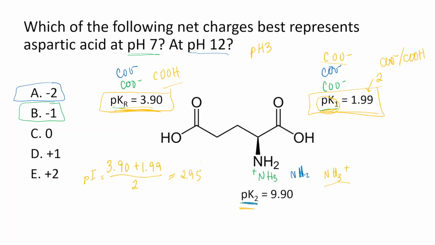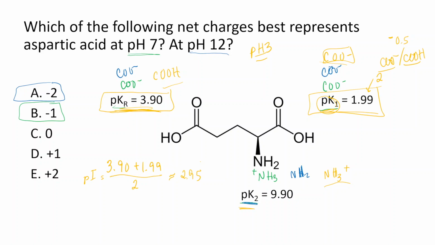So at pH 3, we want our charge to be -1. But if we get too close to the pK, our charge will actually average out between -1 and 0 and be closer to -0.5. So that's why we want our isoelectric point to be as far away as possible from the two pKs that surround it. That's why we average out those two pKs. Does that make sense to everyone? Any questions about that? Okay.